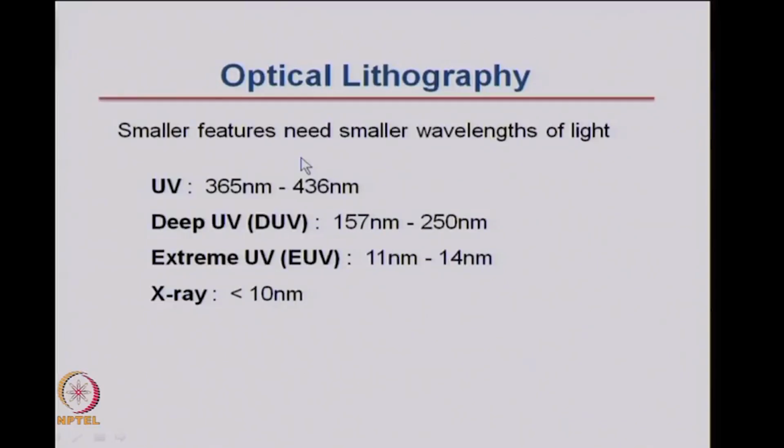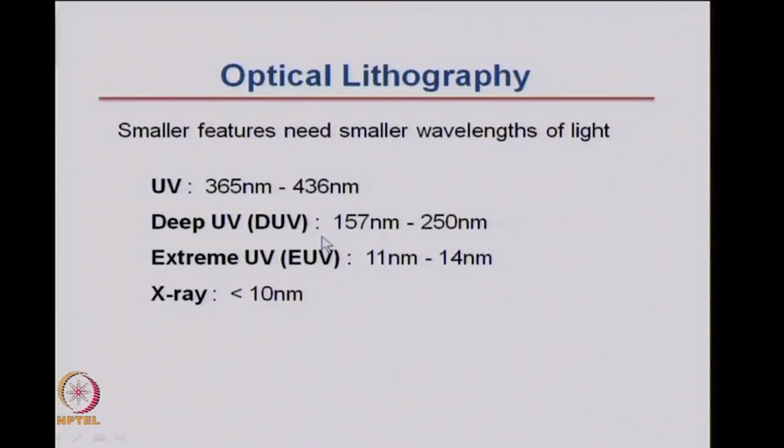So, if you want to make smaller and smaller features, you go to smaller and smaller wavelengths. If you want still smaller structures, you go to deep UV, that is deep ultraviolet, which has a much smaller wavelength and much higher energy, 157 nanometers to 250 nanometers.